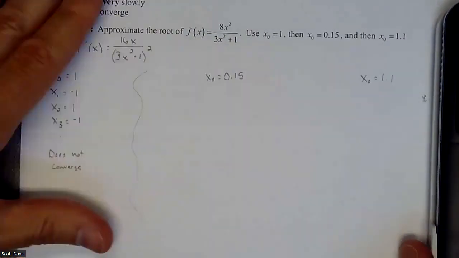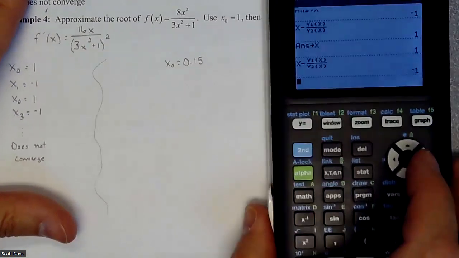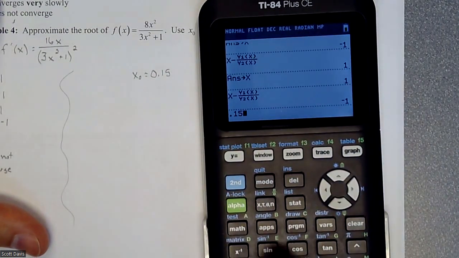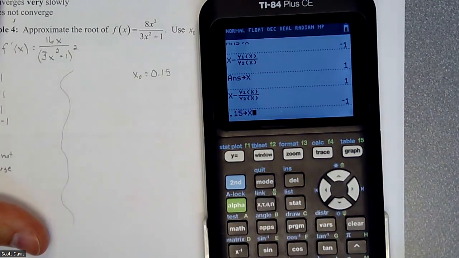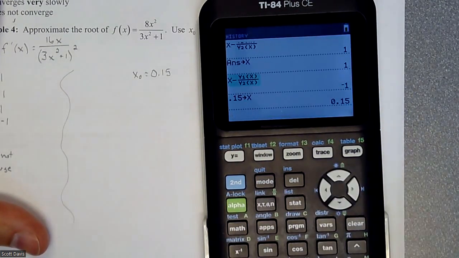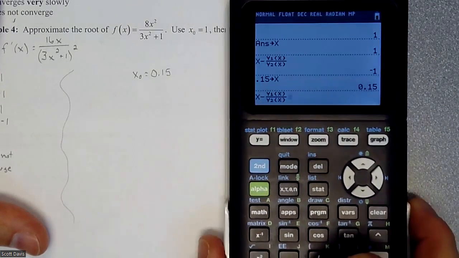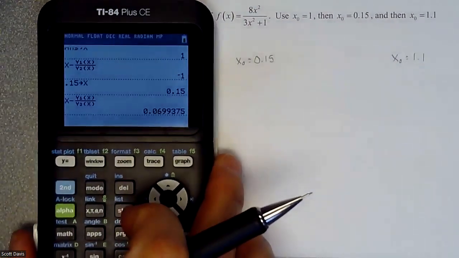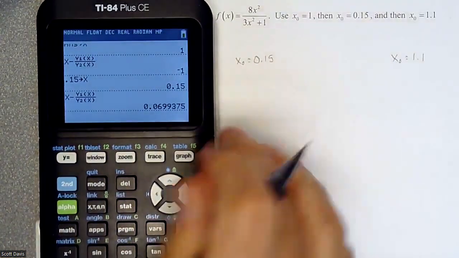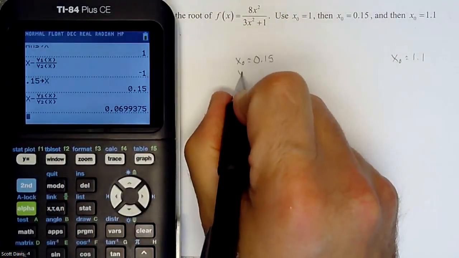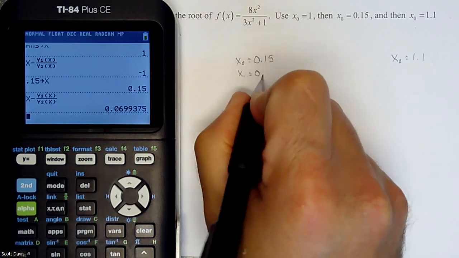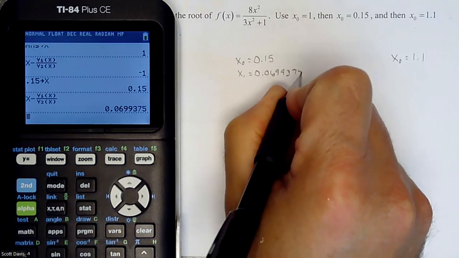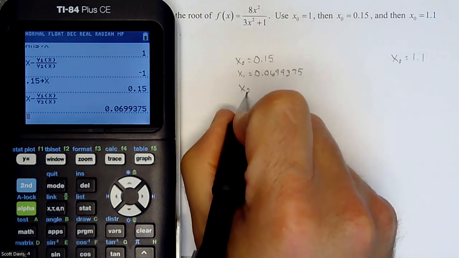And then if we do the 0.15, I'm going to do the exact same process. I'm going to take 0.15 and store it as x, and let it do its thing. I get our first iteration at 0.0699375. Let's do it again.